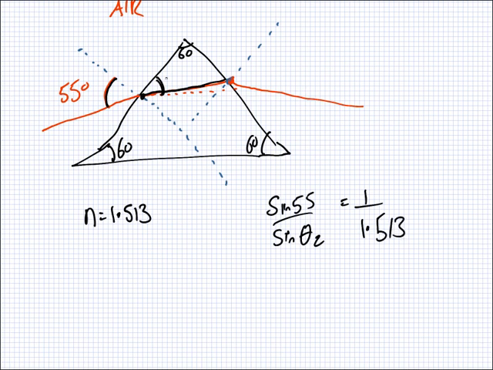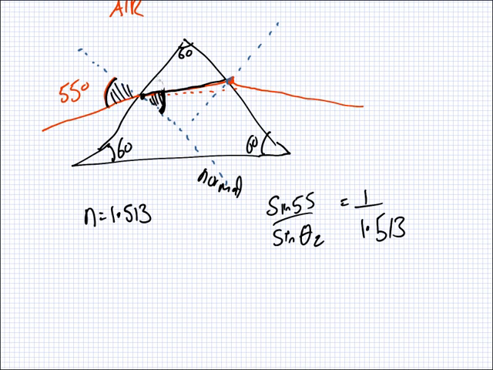So this can give us our theta 2 here. Oh sorry, that's the wrong one, it's with the normal. So that gives us this one. This line I drew is the normal, so you measure the angle with the normal.